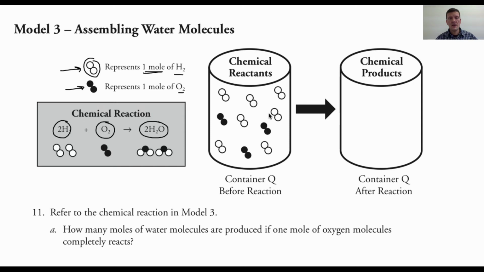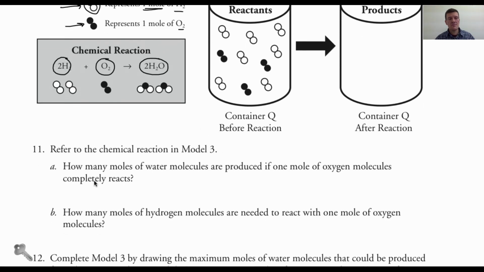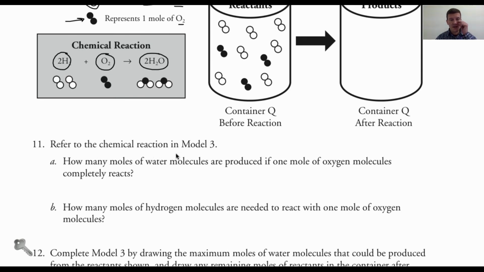All right. Here is our container. These particles start bouncing around in there and banging into each other and reacting to produce our water. And let's see what happens. Refer to the chemical reaction in Model 3. How many moles of water molecules are produced if 1 mole of oxygen completely reacts?